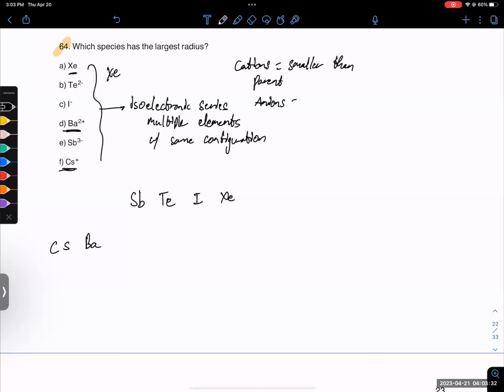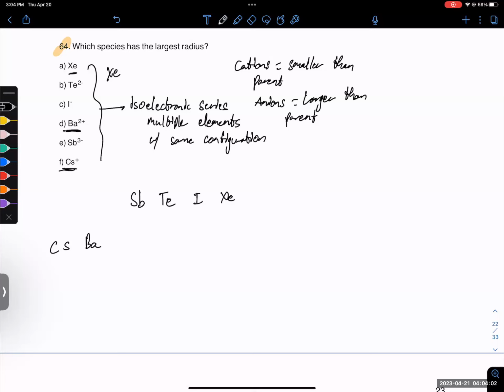Anions are larger than the parent. So cations are smaller, anions are larger. That's basically the whole point. But if anions are larger than the parent atom and cations are smaller, would an anion have a larger radius or a cation?